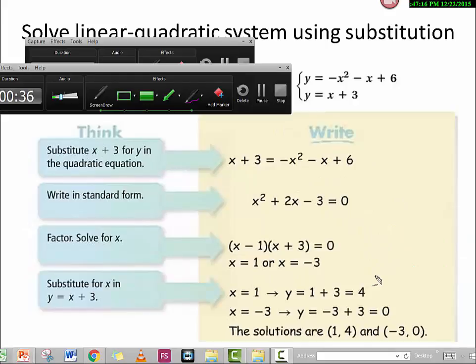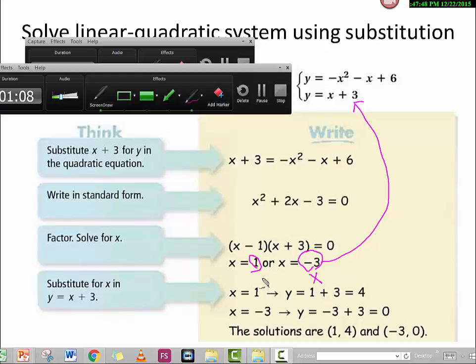Once they know x is equal to 1 or x is equal to negative 3, they can substitute the values of x back into the equation to solve for y. We can always use the first one, the quadratic one, but it's more difficult because we involve squares and everything. So it's easier to solve for y by plugging back into the linear function instead. So y equals x plus 3.